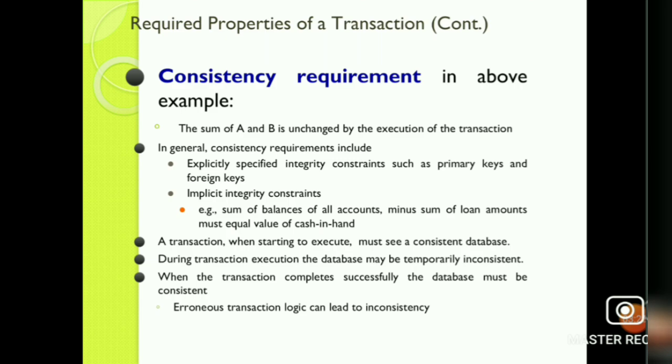Let us assume a transaction of $50 from A to B. After the transaction, the balance of A is $250 and the balance of B is 200 plus 50, so $250. So the sum of A and B is 250 plus 250, which is $500. So the sum of balance of A and B before the transaction is $500, and after the transaction is $500. That is called consistency.